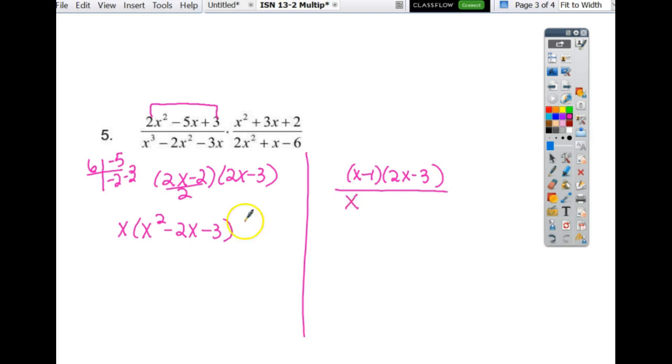And then we're going to factor this. So this would be negative 3, positive 1. Good. And this one, I get 2 and 3. So this is 2 and 1.